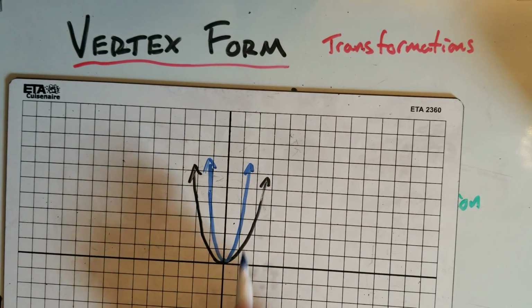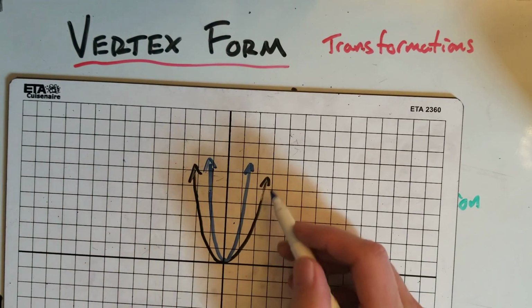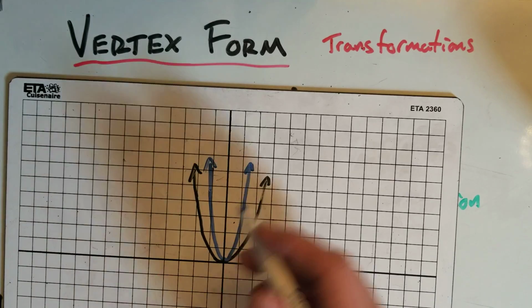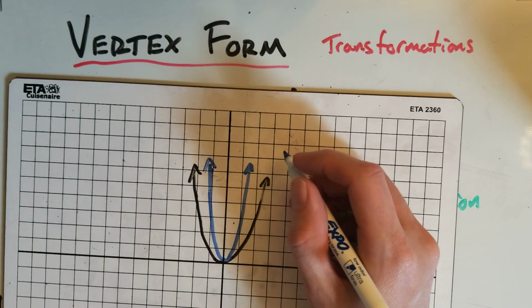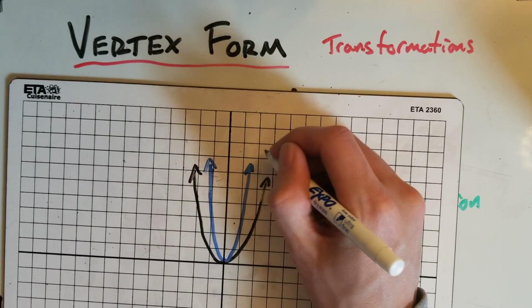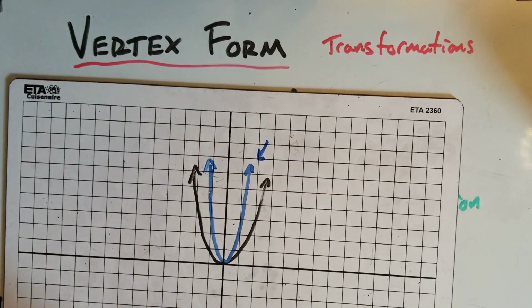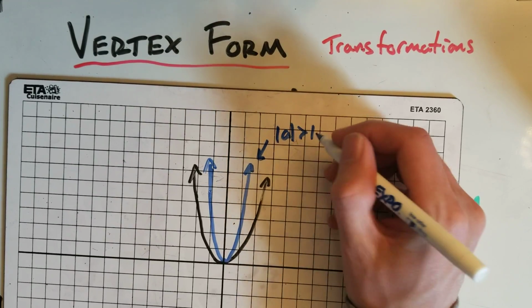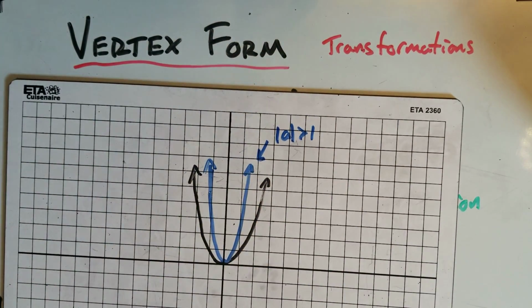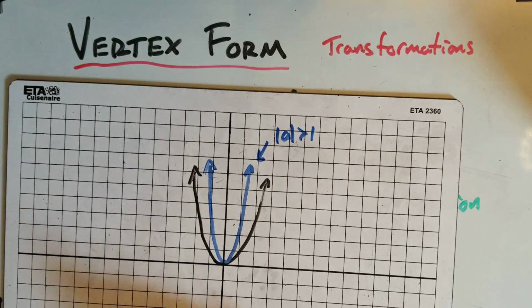See how the blue graph is going up a lot quicker than the black? It's more narrow, has a steeper increase, and this is going to be affected by your a value. So the blue graph is actually going to be what happens when the absolute value of a is greater than 1. So it's going to increase at a faster rate. It's going up quicker.